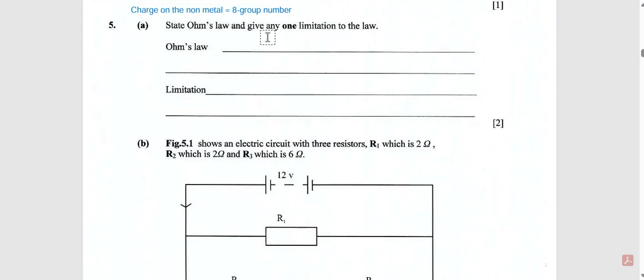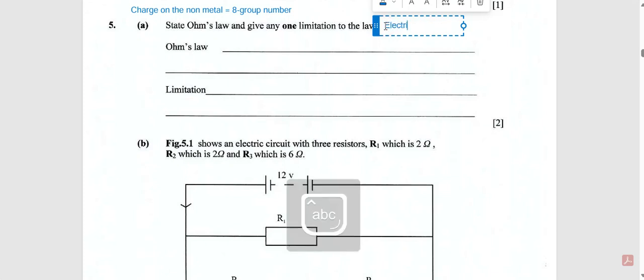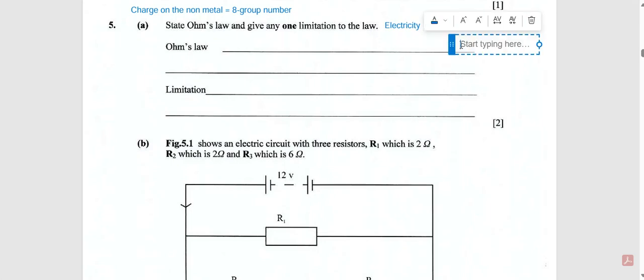State Ohm's law. So this is electricity, under the start of electricity. You need to know that in electricity we measure the following. We measure current, which is what? The amount, you can call it the amount of electrons flowing in a circuit.